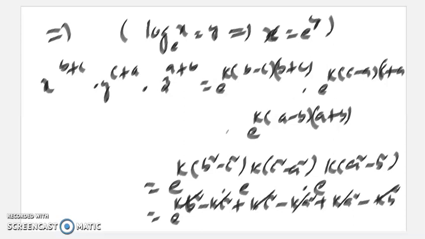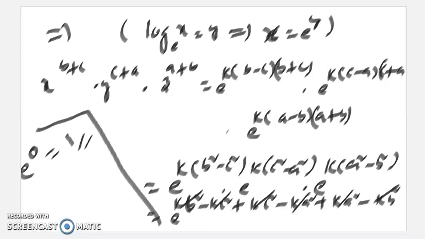Here the remaining value is e power 0. What is e power 0? Any number to the power 0 is equal to 1, we know. So the solution of this problem is 1.